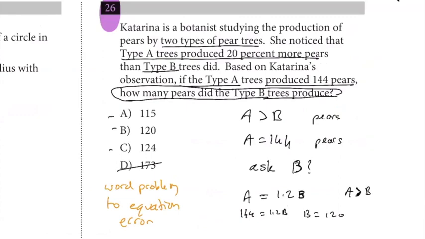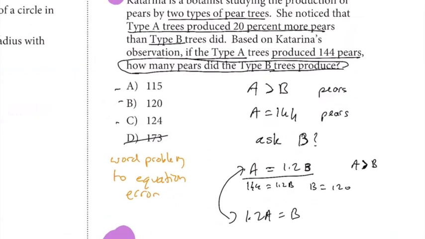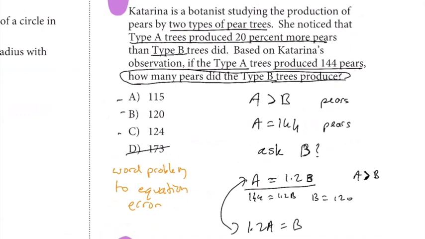Even when I was solving it, I made this mistake of not knowing whether it was A equals 1.2b or 1.2a equals b. So I was unsure what the answer was. And this is exactly the trick that this question is putting you into. So I did a root cause analysis on myself, why I got that error, and I came up with an approach that maybe can help all of you.